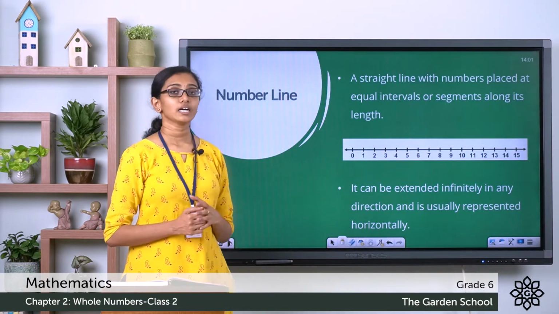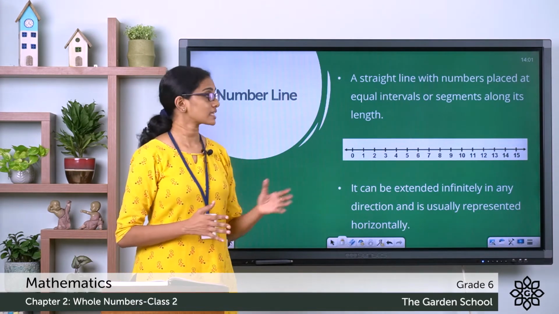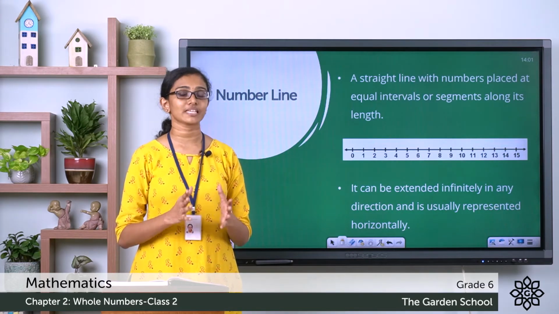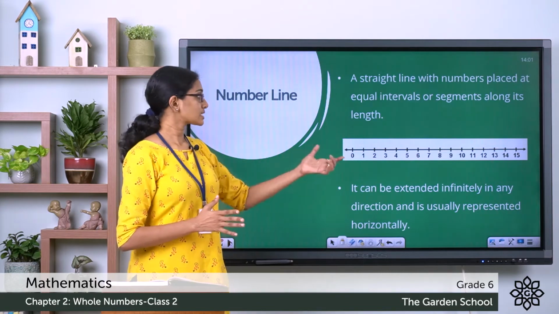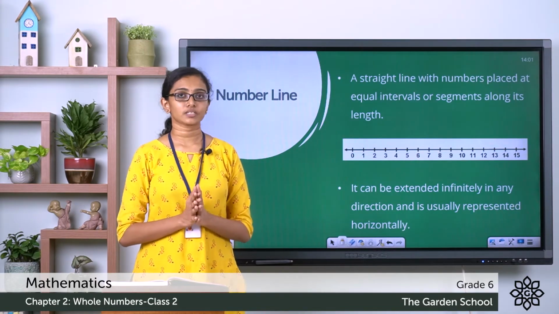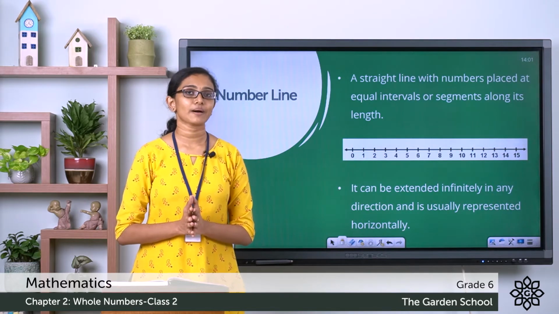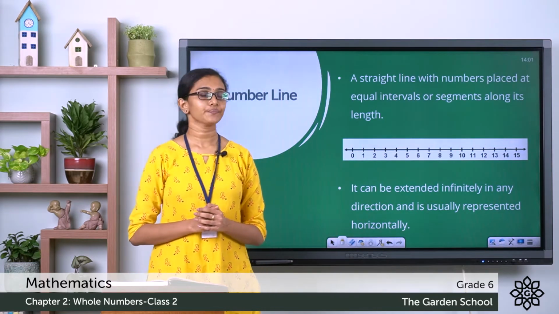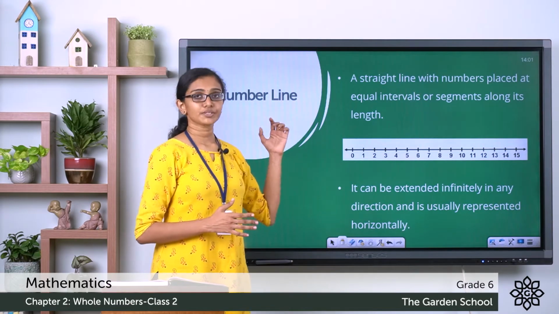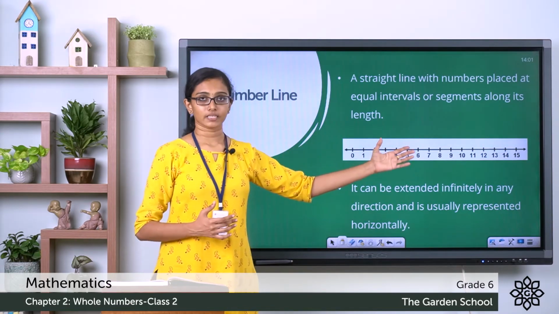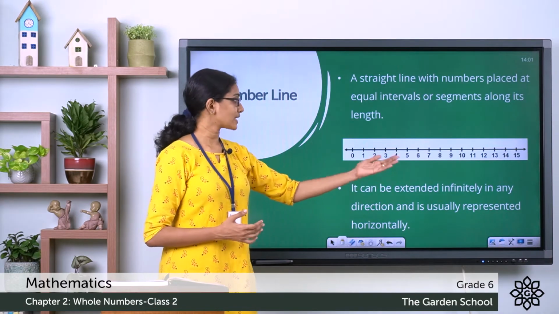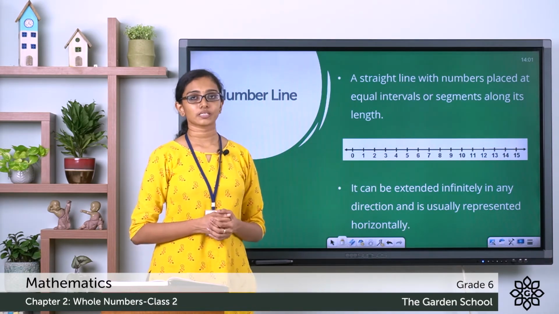Here you can see a number line. You can see the numbers are marked at regular or equal intervals or segments, and this number line can be extended in both ways, in any directions. Usually a number line is represented horizontally, and on the number line, as you move towards the right, the value increases, and as you move towards the left, the value decreases.